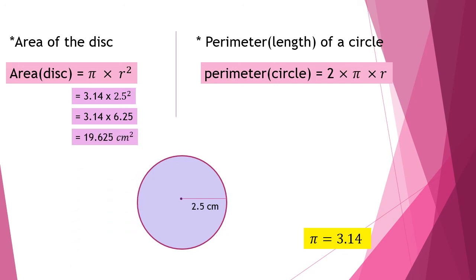Then the result is 19.625 centimeters squared. Now the perimeter or length of a circle equals 2 times 3.14 times 2.5. So the answer is 15.7 centimeters.